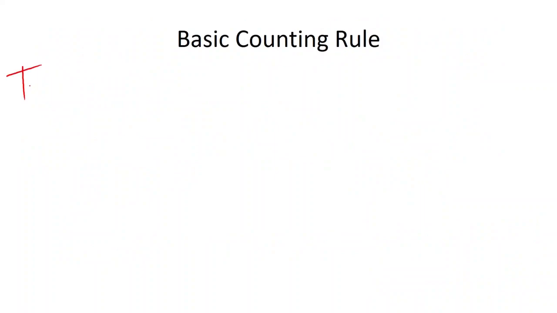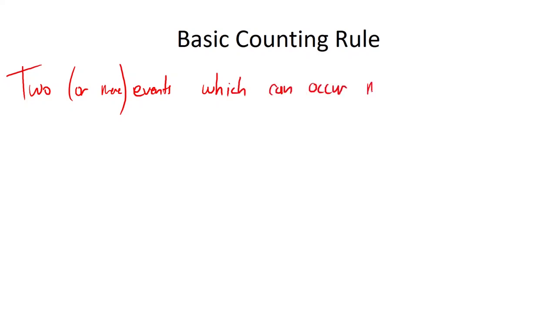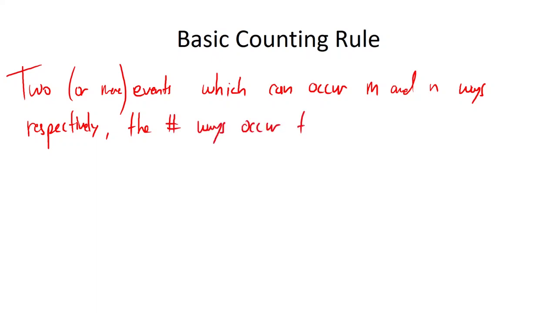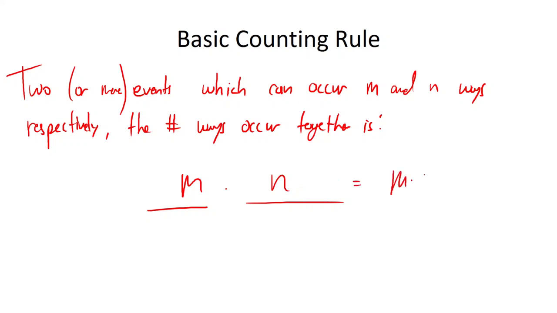So if you have two or more events, let's say, which can occur in m and n ways, respectively, then the number of ways they can occur together is m times n ways.